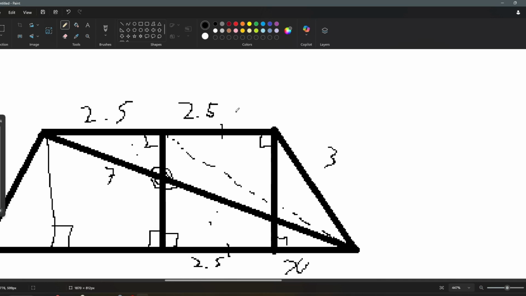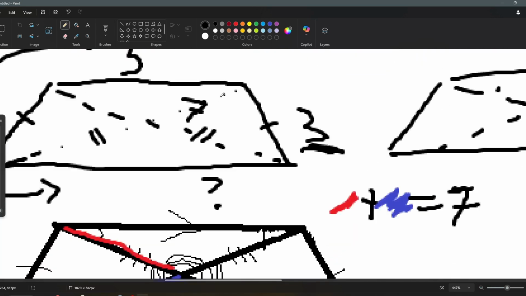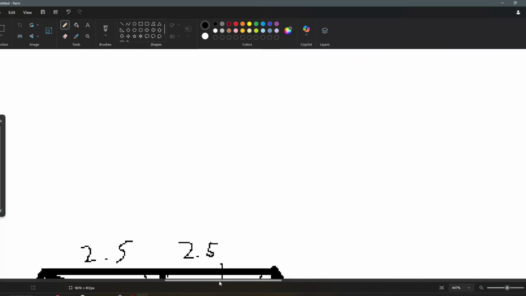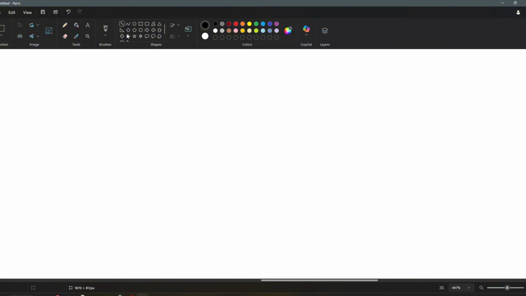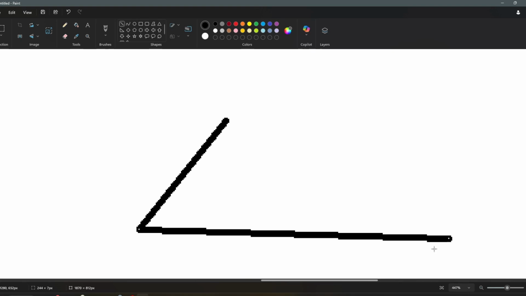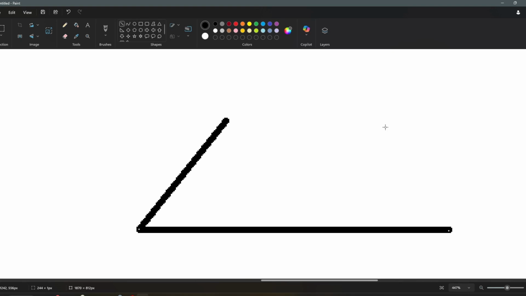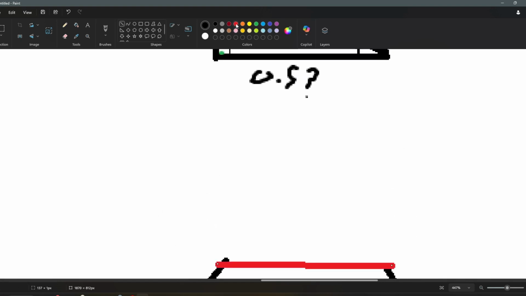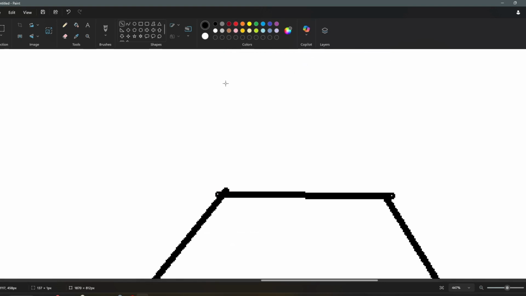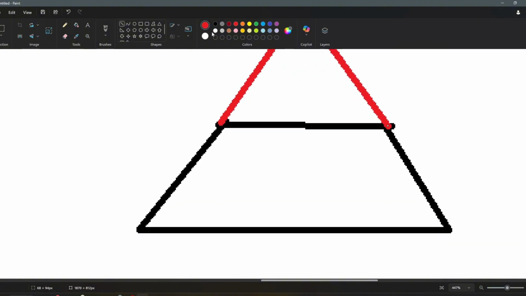What if I were to expand this triangle? Okay, this is the last trapezoid I'm going to make before I give up. What if I were to expand this trapezoid? Bam, bam. Okay, so what if I were to, ooh, and then in red, I'm going to add up here. So this is the same angle.